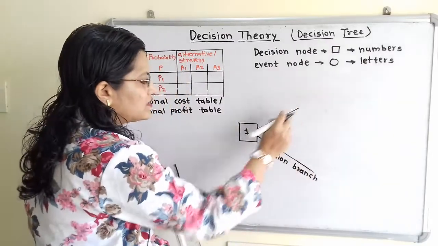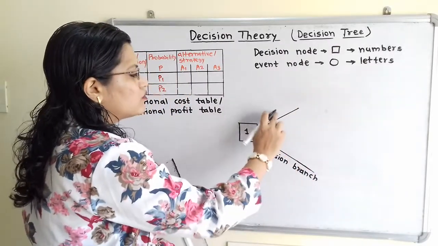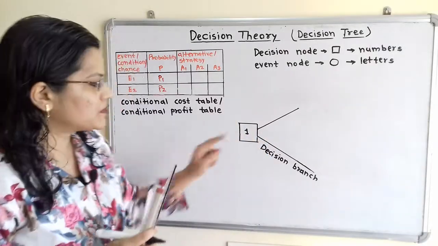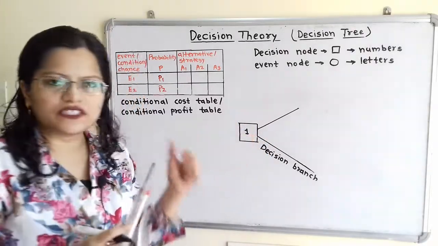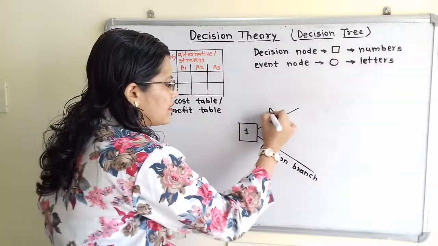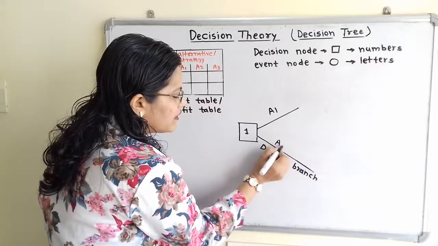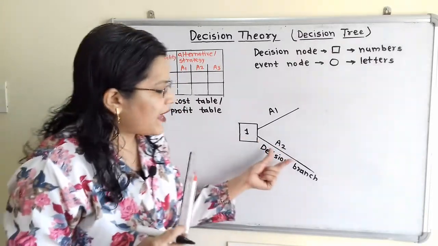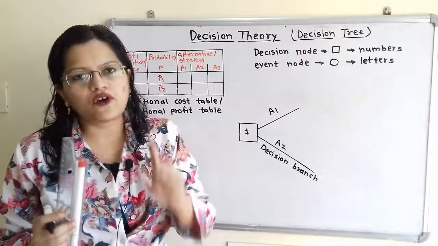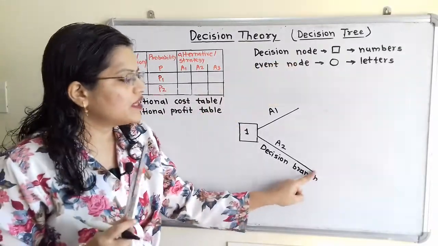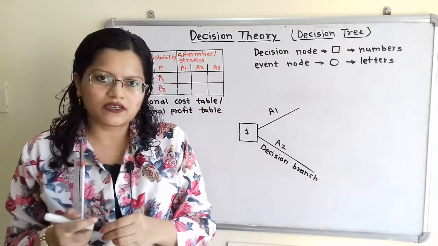Now here for this decision branch we have to write here the alternatives. So suppose from this first decision there are two alternatives. So I will say here will be alternative A1 and here will be alternative A2. Now the branch which is not followed by any node, that is the decision node or event node, is known as the terminal branch.